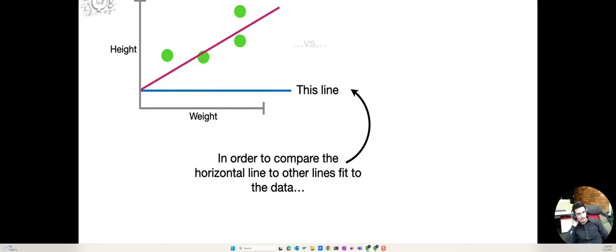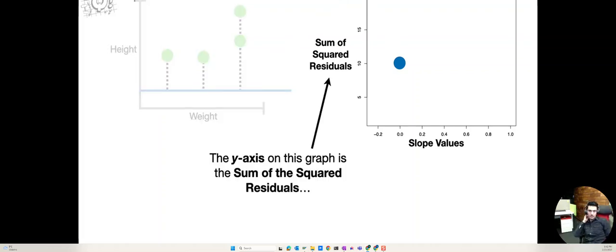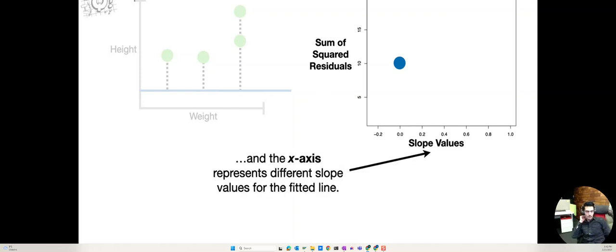In order to compare the horizontal line to other lines fit to the data, we will plot the sum of the squared residuals on a graph. The y-axis on this graph is the sum of the squared residuals, and the x-axis represents different slope values for the fitted line.